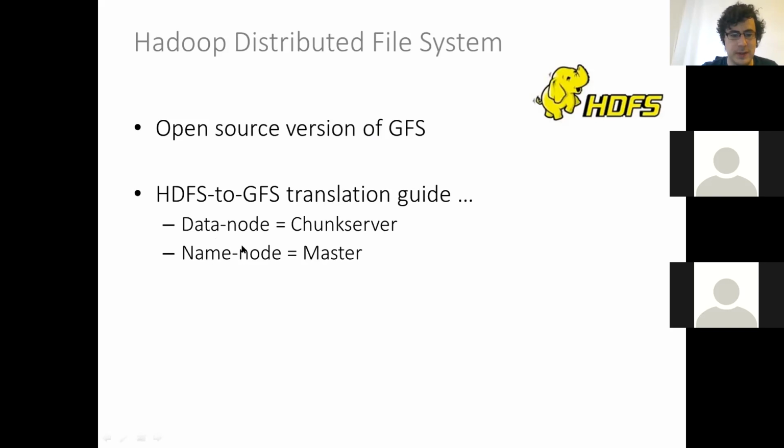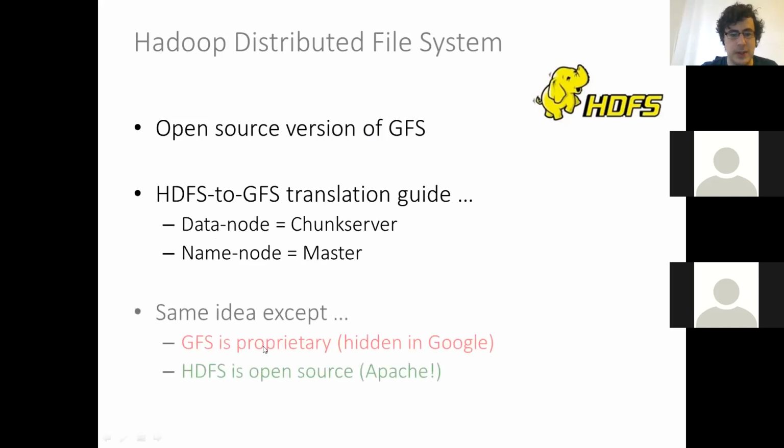It's again the same idea. It's essentially an implementation of the Google white paper, the main difference being that HDFS is open source. It's an Apache project, and it's still very popular in practice to store lots of data on HDFS over multiple machines.